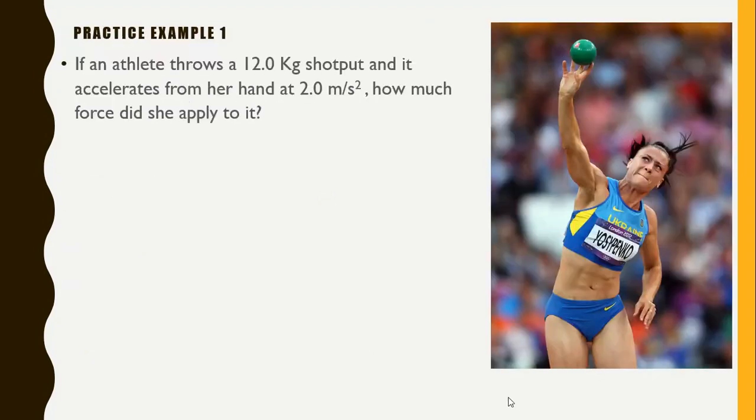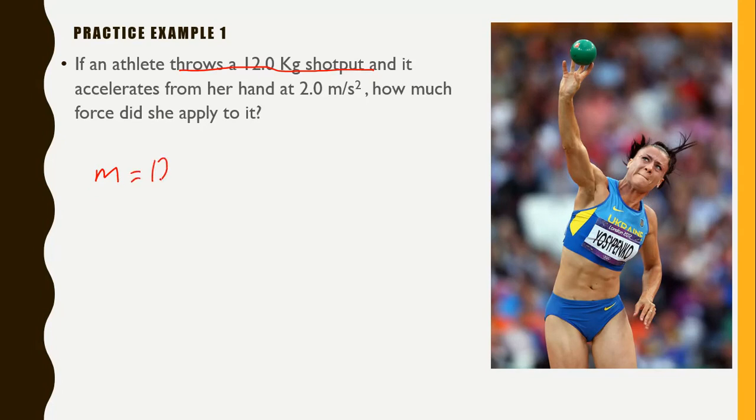So let's take a look at a typical question where we have to calculate force. Hopefully by now, we've done speed calculations, velocity calculations, acceleration calculations. They're all done the same way, right? Number one, write down your variables. So an athlete throws a 12 kilogram shot put. That's our mass.